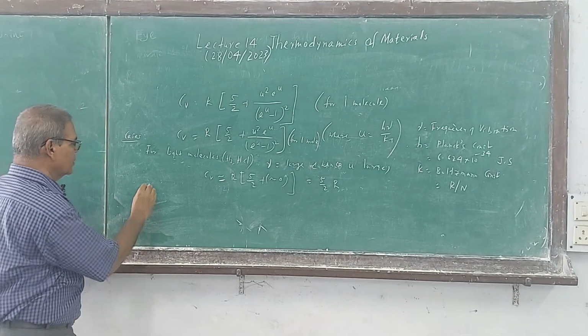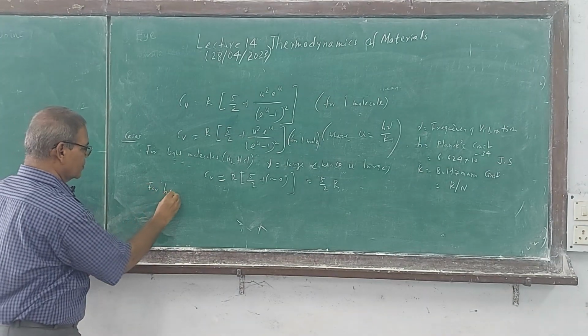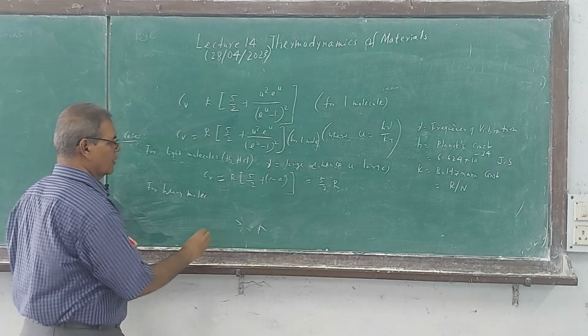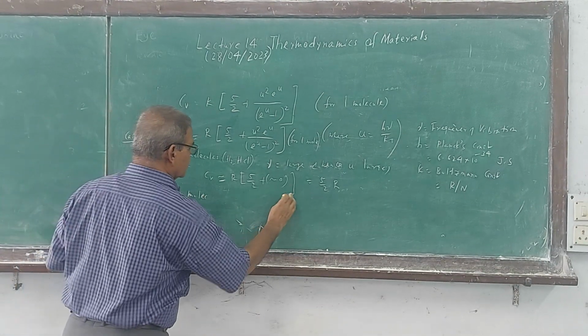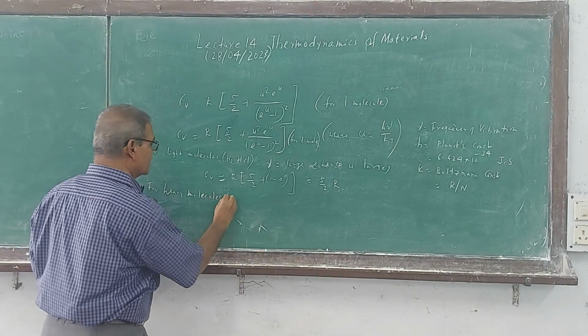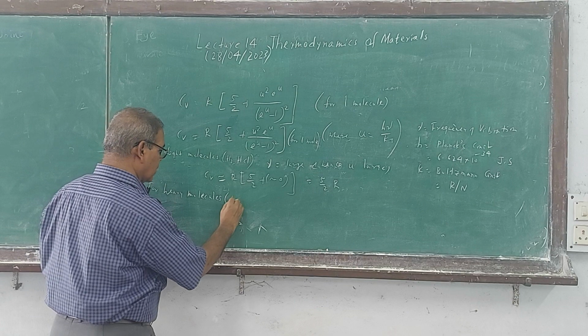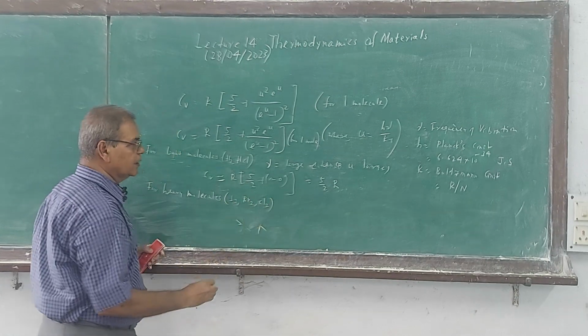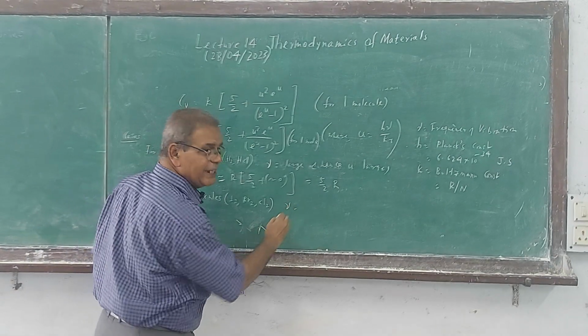For heavy molecules, for example iodine, bromine, chlorine, nu is small, being heavy.